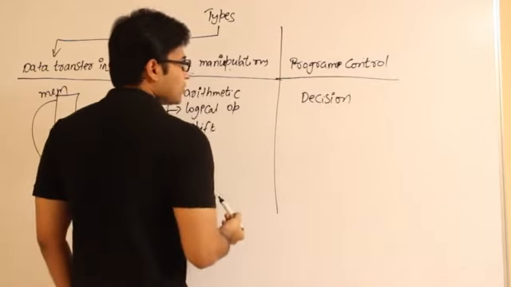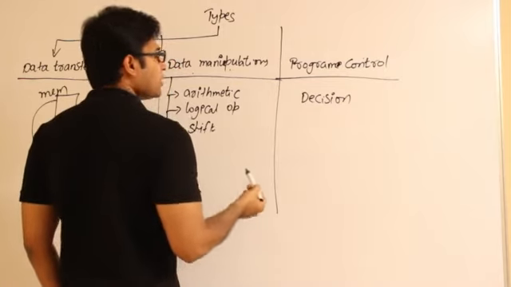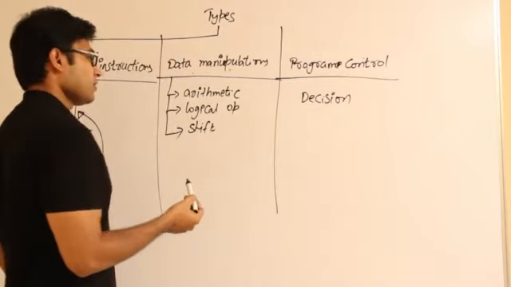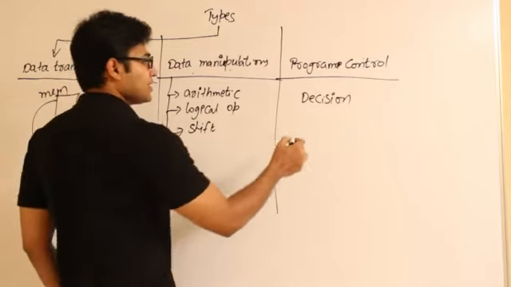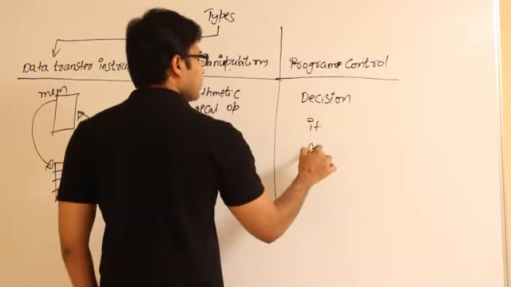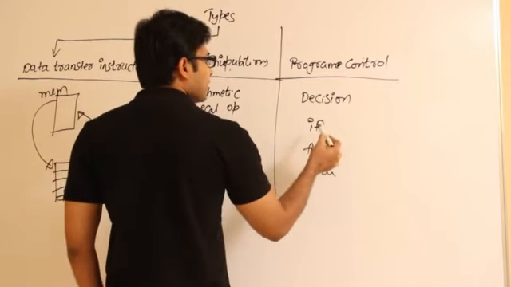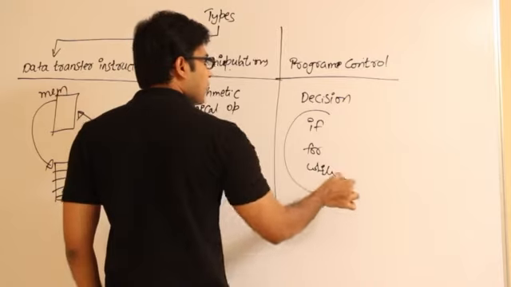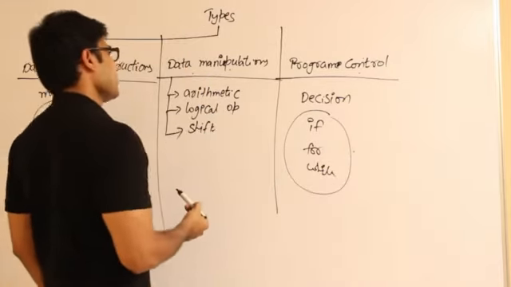When you want to exit a loop, or when you want to continue a loop, or when you want to exit some statements, or when you want to not execute some statements. So all these statements like if, for loop, while loop, right? All such statements are generally implemented using these program control instructions.